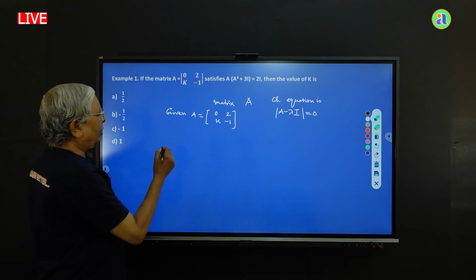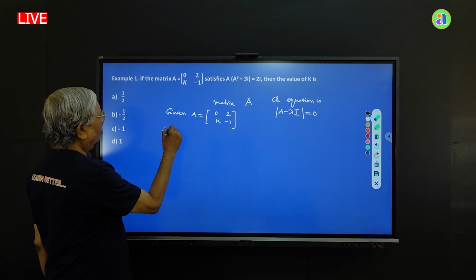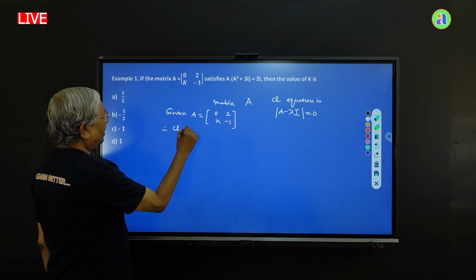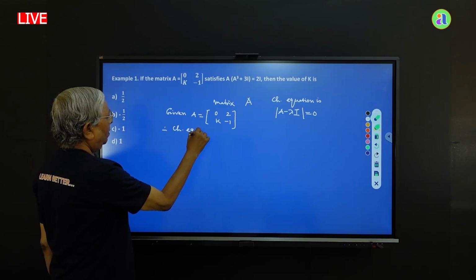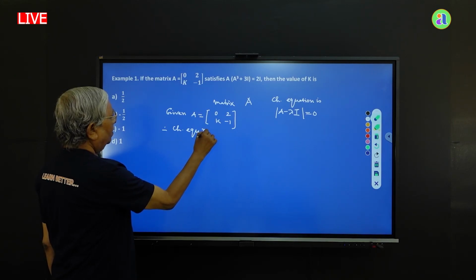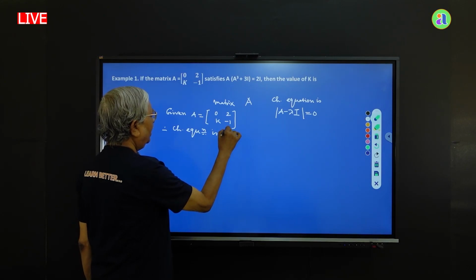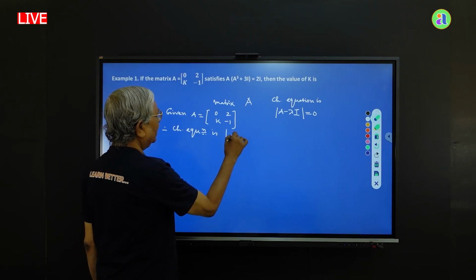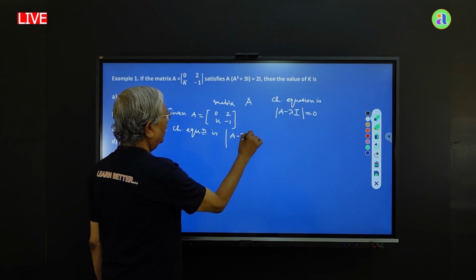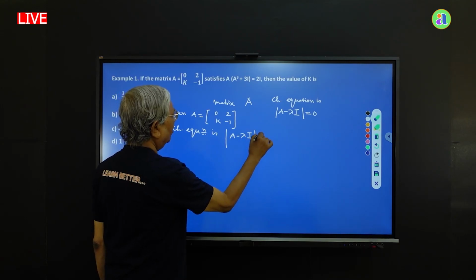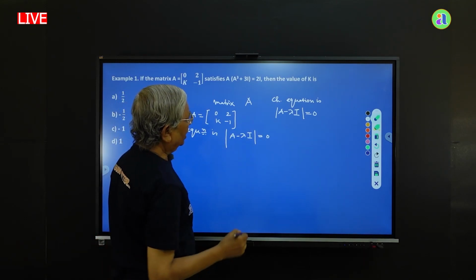So the characteristic equation is determinant of A minus lambda I equals to 0.